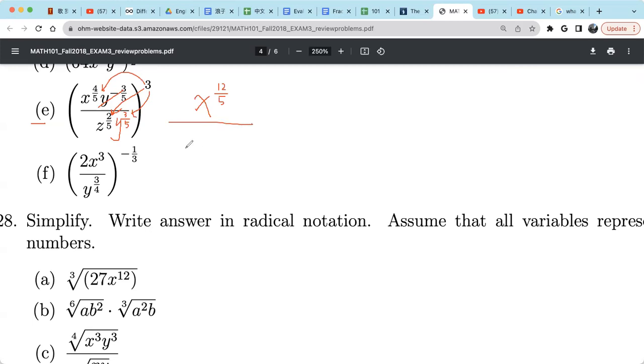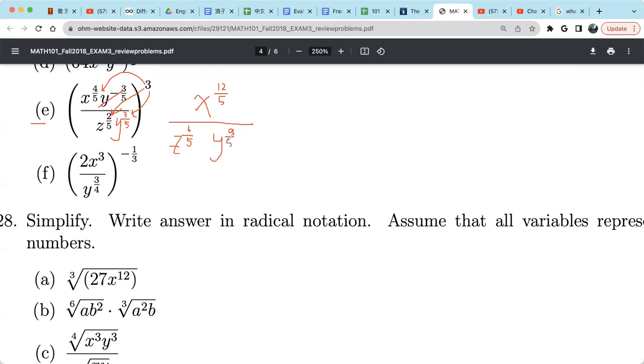Then divided by, in the denominator, z raised by 2 over 5 times 3, which becomes z raised by 6 over 5. For the y term, y raised by 3 over 5, now multiply by 3, that's 9 over 5.